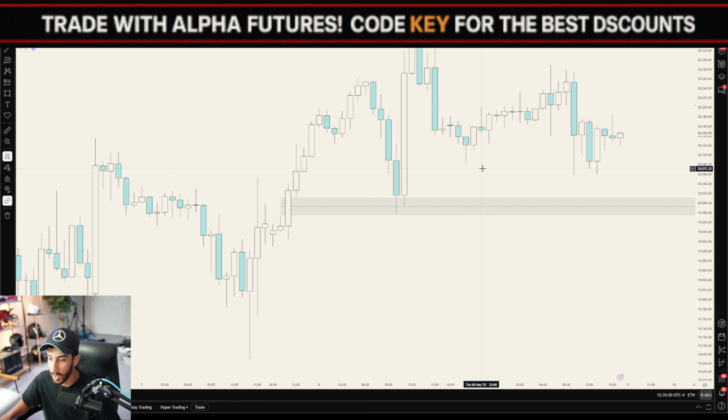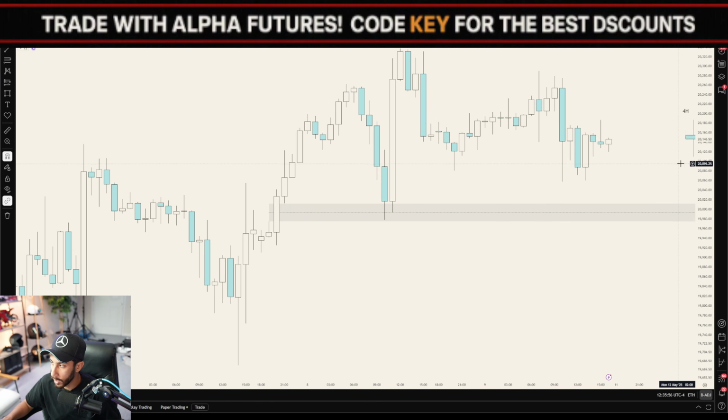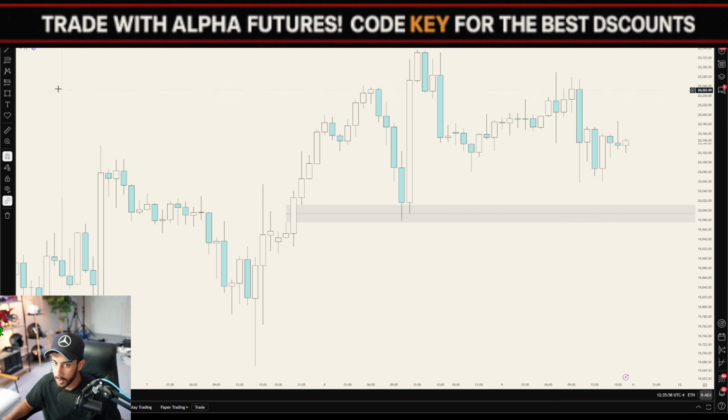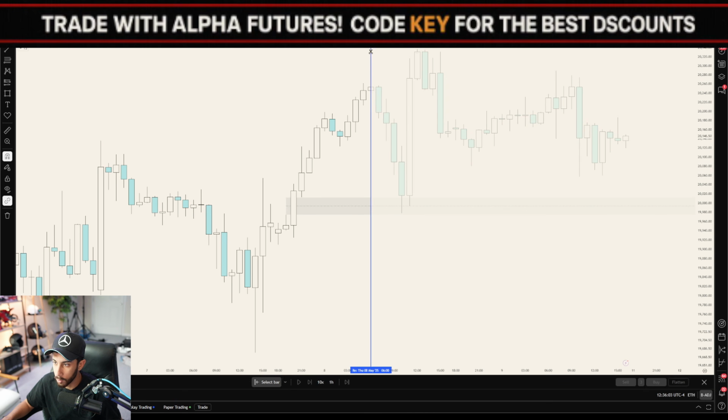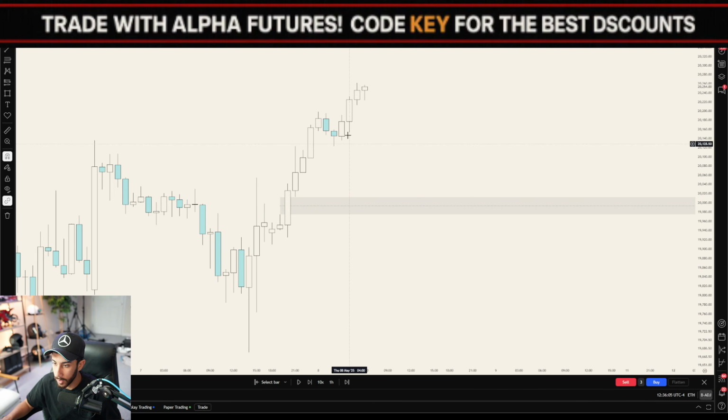Now, let me show you guys how I pick certain fair value gaps and why certain fair value gaps are going to work. So if we're looking at the hourly time frame over here, and if you're looking at this range as a whole, for example, let's go back here. We're looking at this range. We want to take the 50% of this range, right? So we have the low and then we have the high, right?